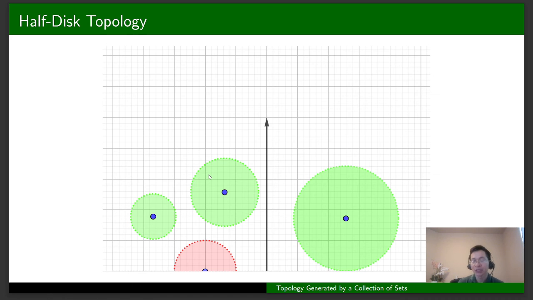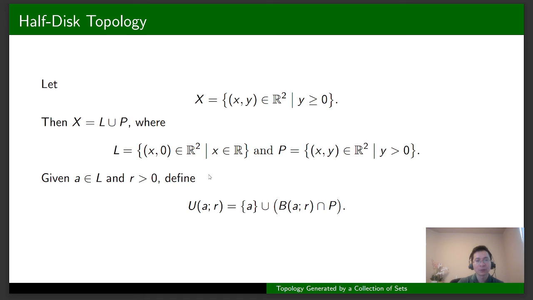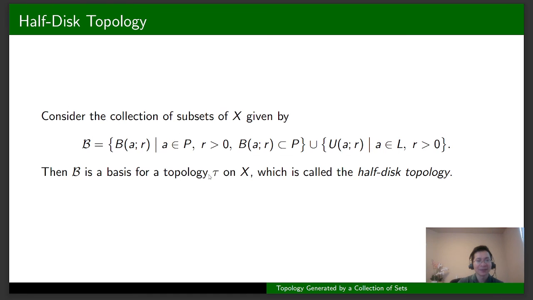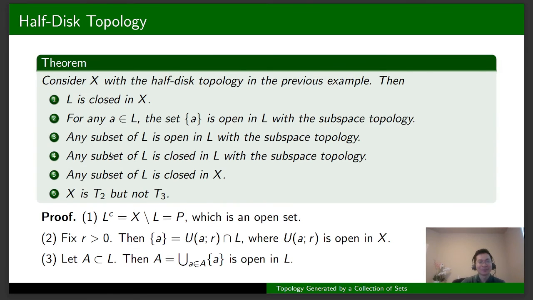Remember that each open ball in the upper half plane belongs to B, and therefore it is an open set. So therefore, the positive upper half plane P is an open set. Therefore, L is closed.